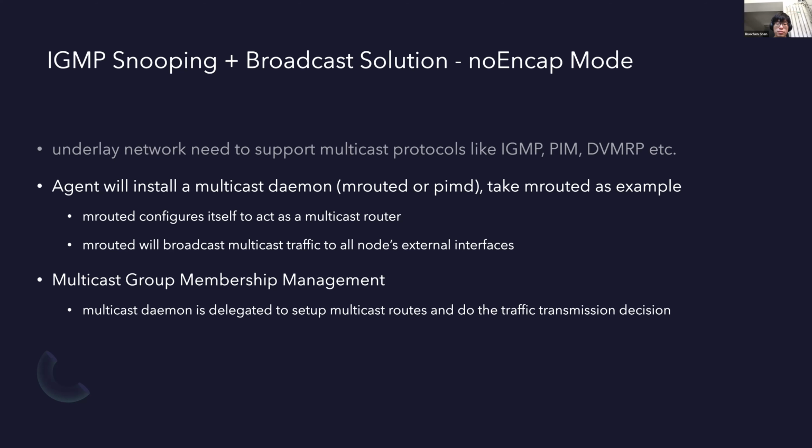This kind of daemon will learn and set up multicast routes between nodes automatically. Lola will talk about it in detail later. These tools are not available on Windows, so we may need extra work if we plan to support Windows.